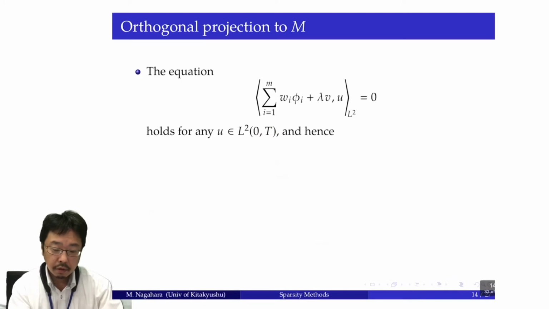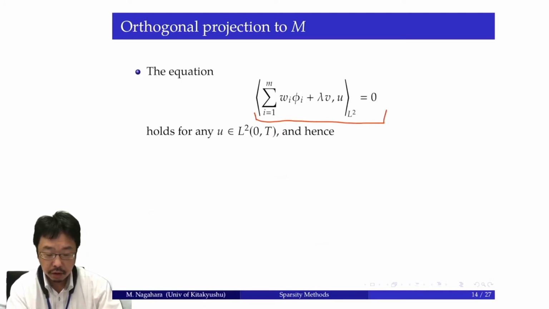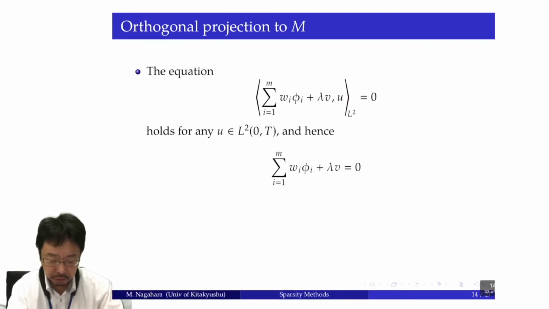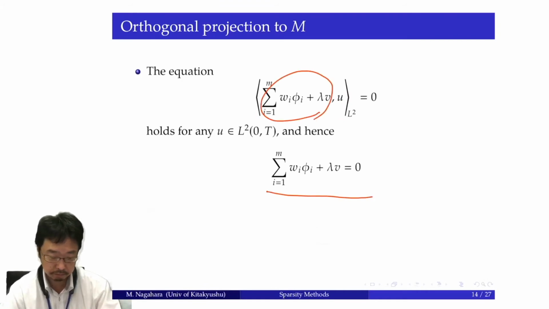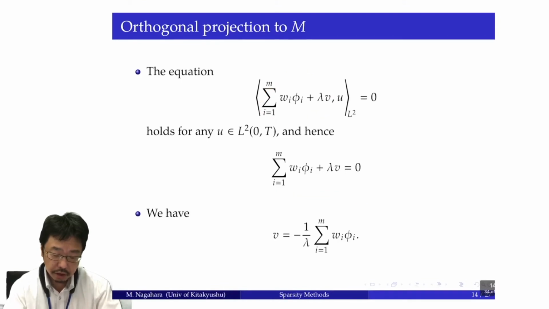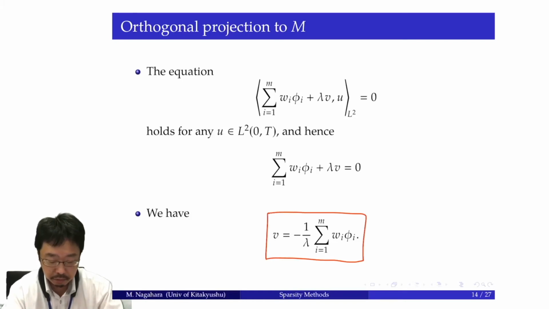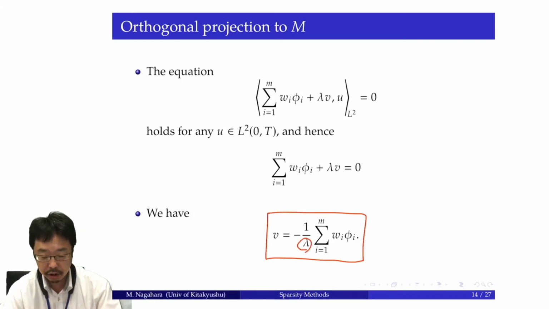Now, we have the equation of this. And this u is chosen arbitrarily, so by this equation, we have this, that is, this function should be 0. By this equation, we have the expression of function v like this, since lambda here is positive.